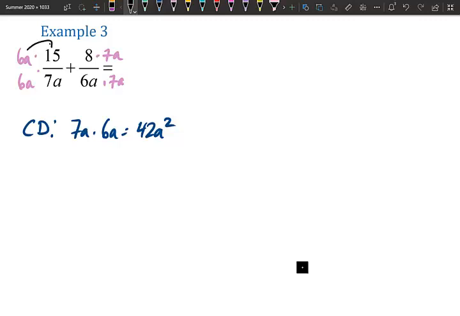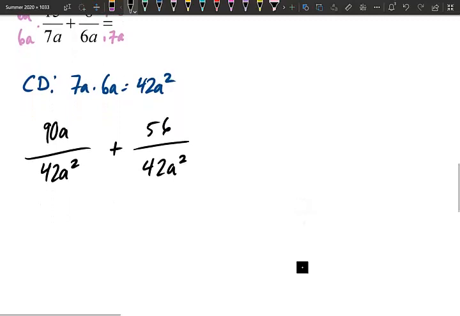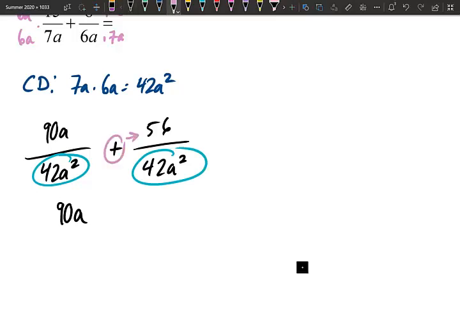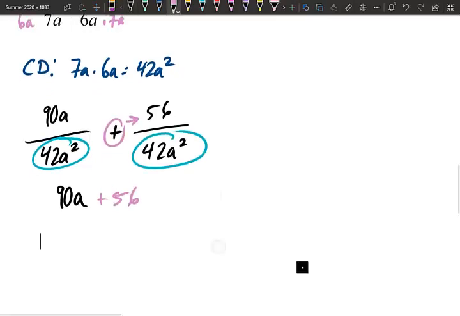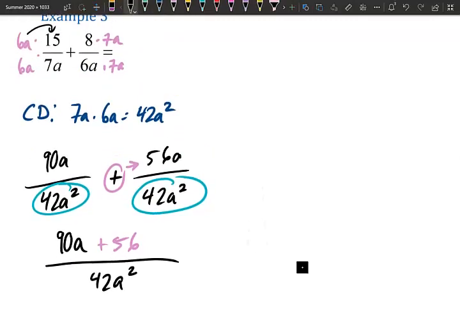So on top, we have 16a times 15. That's 90a over 42a squared. Plus 8 times 7a is 56a over 42a squared. Now I can add them because the bottoms are the same. So I have 90a plus 56a, and that's over 42a squared. Sorry, I forgot the a there.